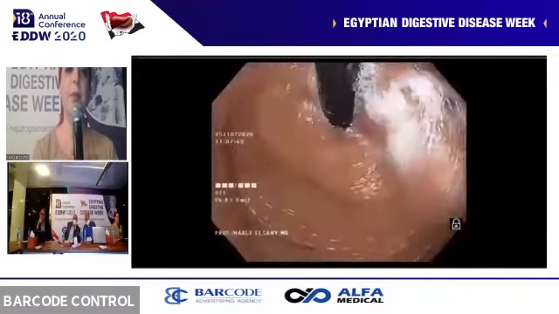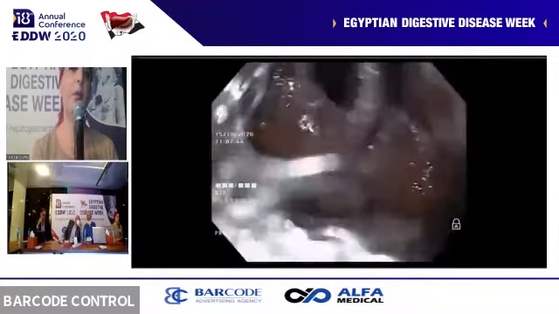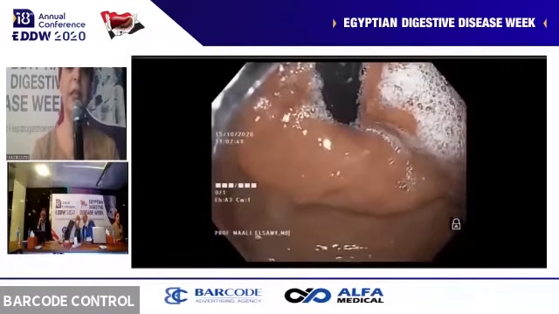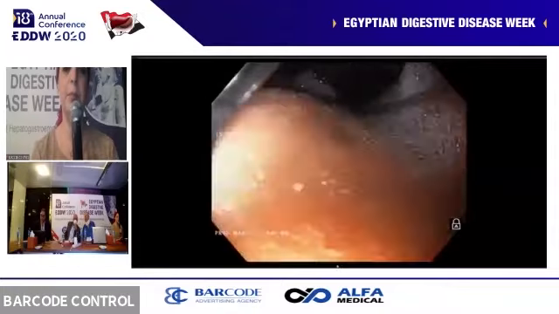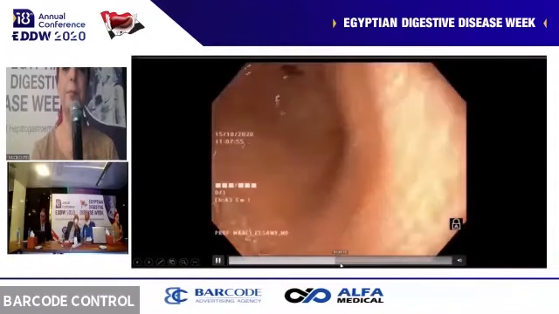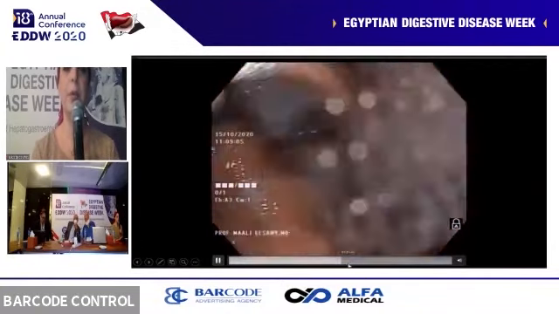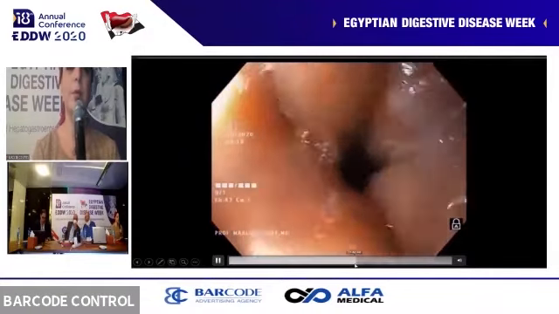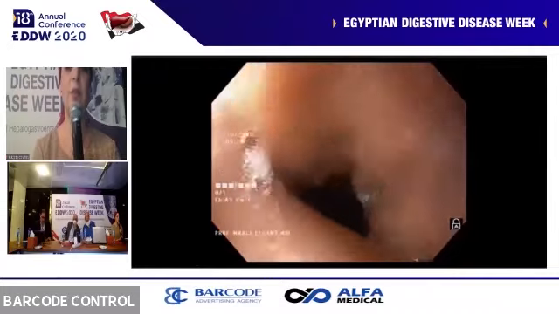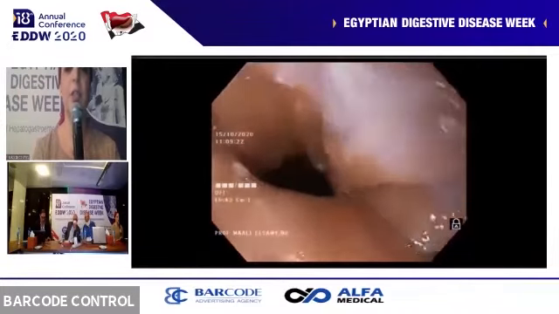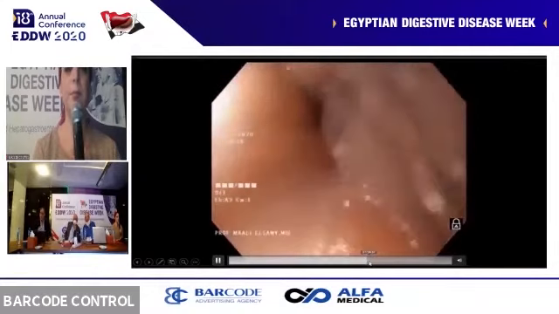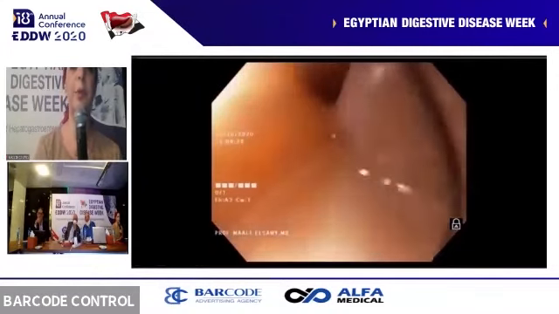Then to examine the cardia, making right and left. Backwards. The gastroesophageal junction exploration. As I told you before, always be central.